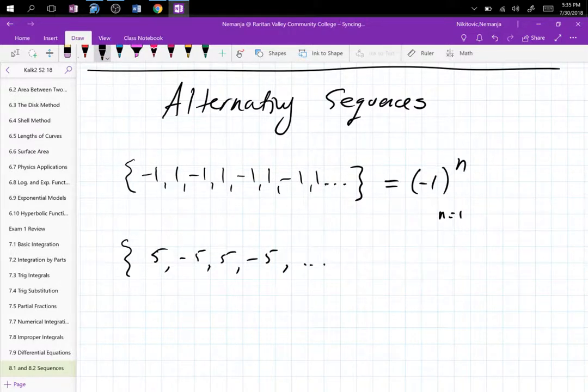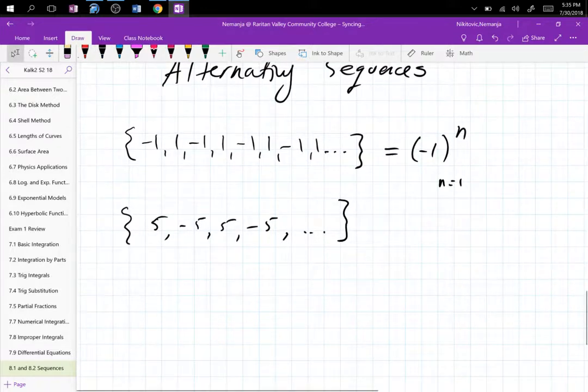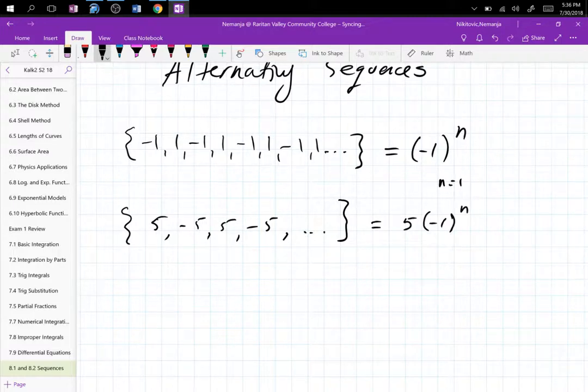Should have put the comma there. I should have closed. So what do we have? 5 times -1 to the n. Beautiful. You kick out 5 and you just do that. You cannot put -5 to the n, because as you start changing n, you would run into 5 squared.